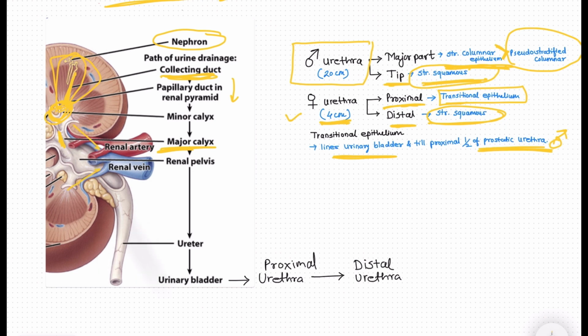This is the renal pelvis, and from there it comes to the ureter. This is the ureter, and from the ureter it will go to the bladder. From the bladder it will go to the proximal urethra, and then from proximal to distal urethra. So this is the pathway of urine flow.